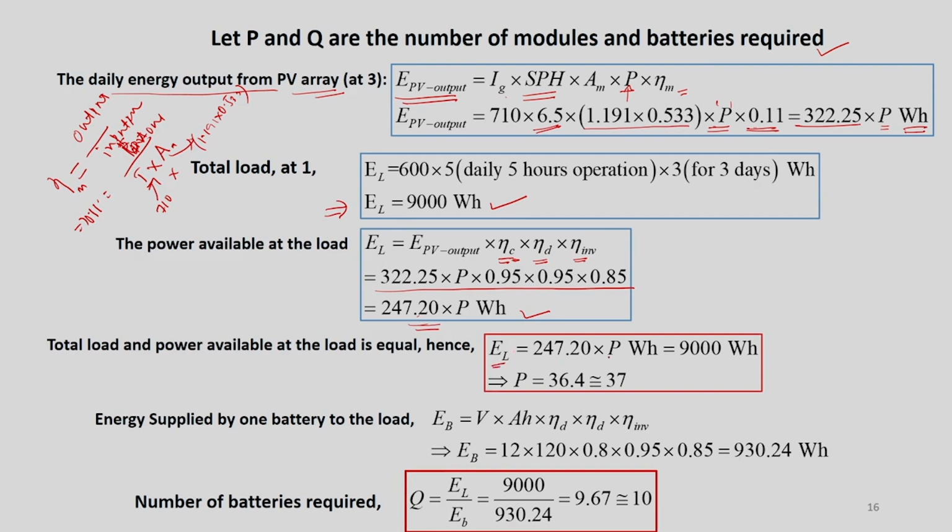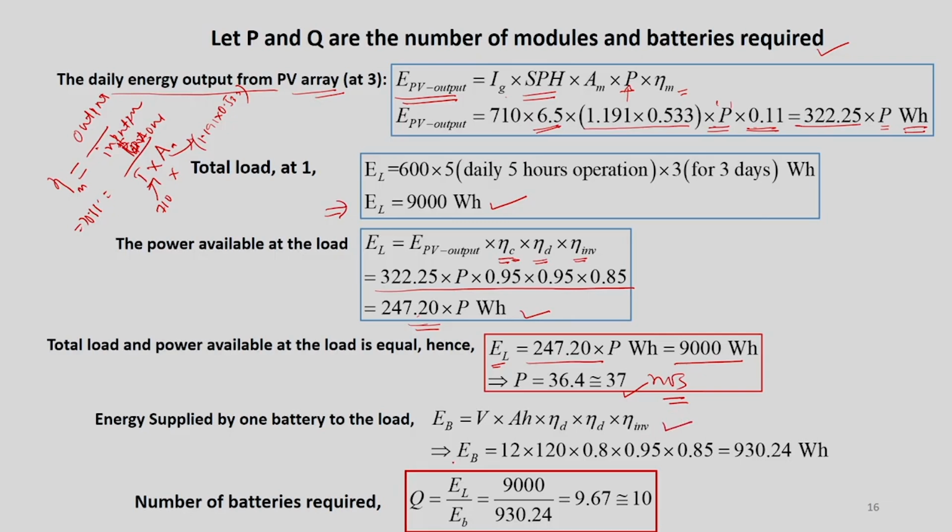So, EL is equal to this, okay. From that, if we do the simple calculation, then P is found to be about 37, okay. So, the number of modules required to provide the energy to the load is about 37 numbers, okay.